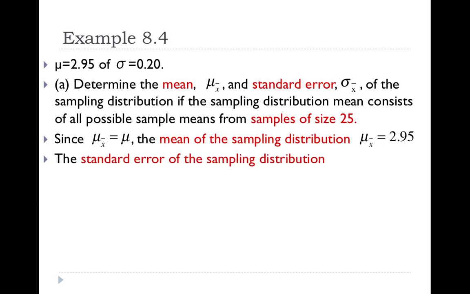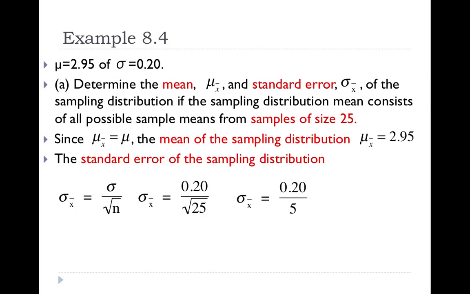The standard error of the sampling distribution is found with the formula sigma divided by the square root of n. So we take 0.2, which was the sigma provided in the problem, and divide by the square root of the sample size, which was given as 25. So 0.2 divided by 5, because the square root of 25 is 5, something you could do without a calculator.